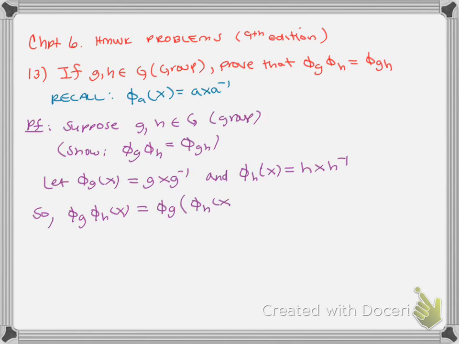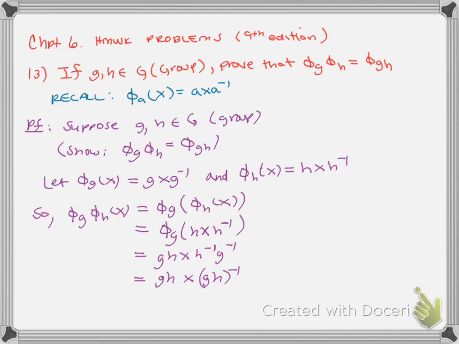phi_h of x, right, which equals phi_g of hxh^(-1), and that equals ghxh^(-1)g^(-1), right? And this equals (gh)x(gh)^(-1).